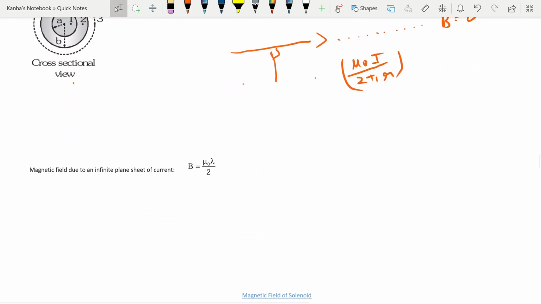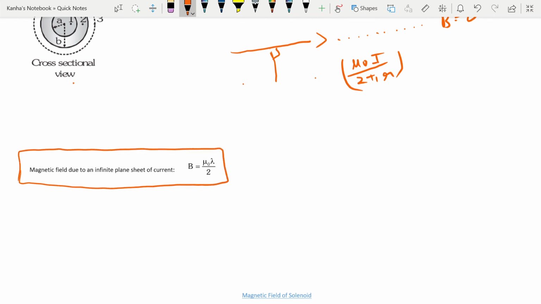Next, you should note that the magnetic field due to an infinite plane sheet of current is given by mu naught times lambda by 2. This is also essential. This has come in the papers before, and all these can easily be derived using the same Ampere's circuital law.